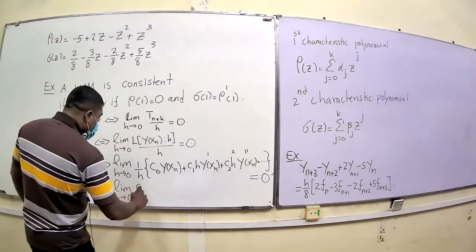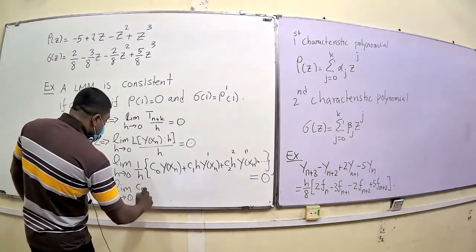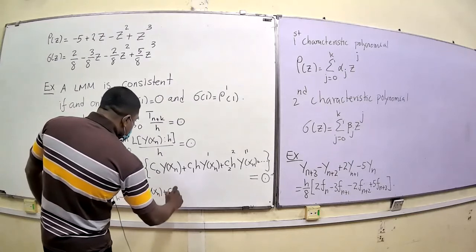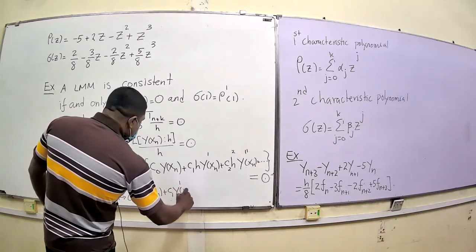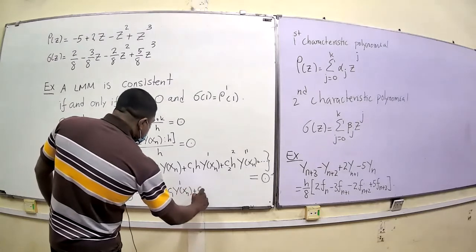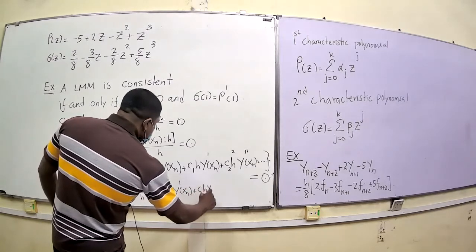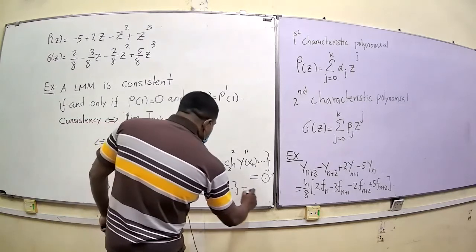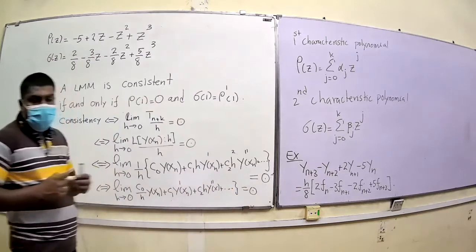So if we simplify this, that is c naught over h times y(xn) plus c1 y prime(xn) plus c2 h y2 prime(xn) plus so on is equal to 0.